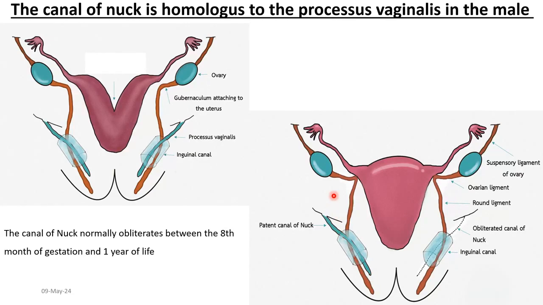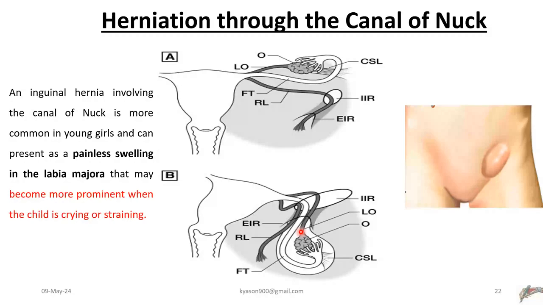It's possible for the intestinal structures to herniate through and come and overfill the area around the external genitalia, and that will be called hernia or herniation. So normally it has to disappear. If it fails to disappear, such consequences can arise.